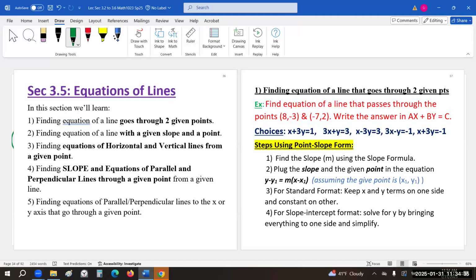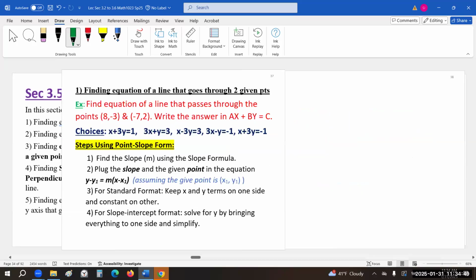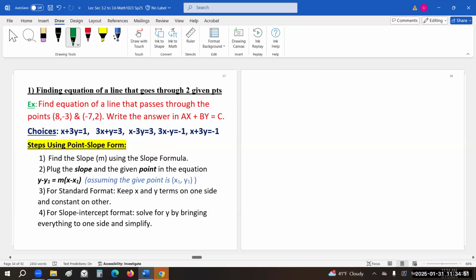That's all you have to do. So 2 steps initially, and the rest are just process to get to what you have. First, find the slope using the slope formula. Next, plug in the slope and 1 point into point slope format. Rewrite to get whatever they have. One of them is the answer. So, who remembers the slope formula?